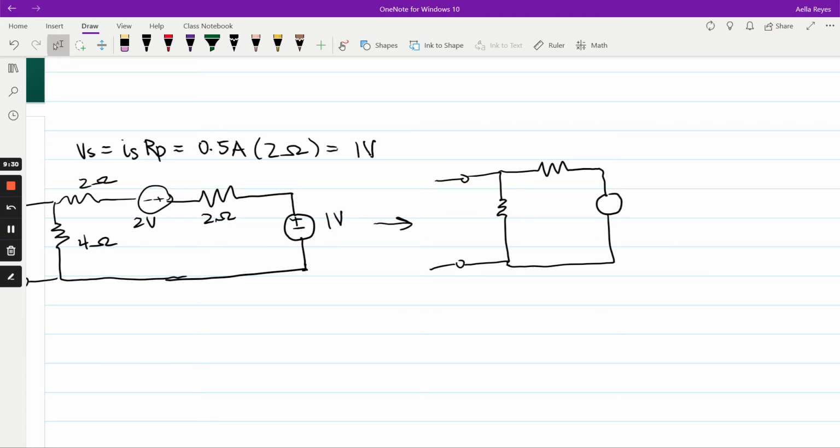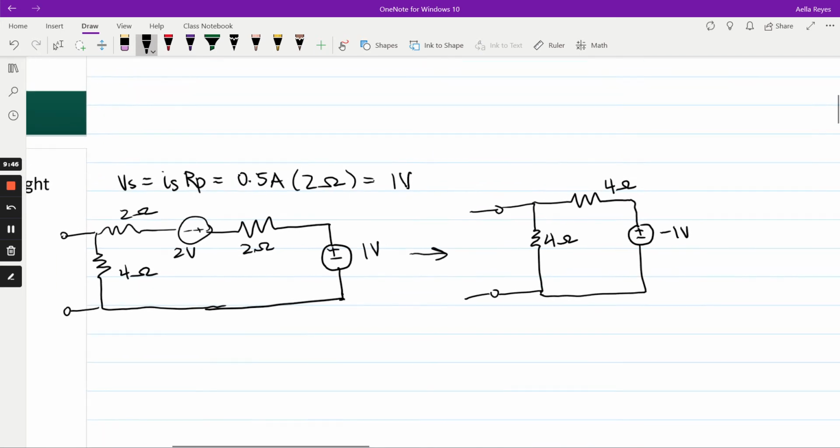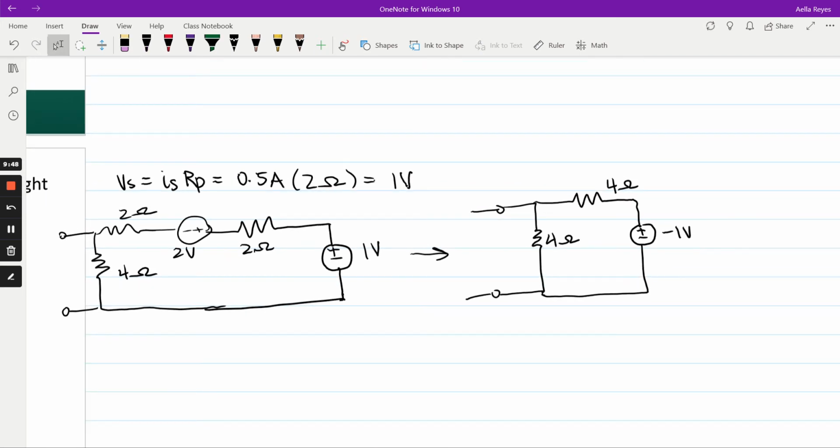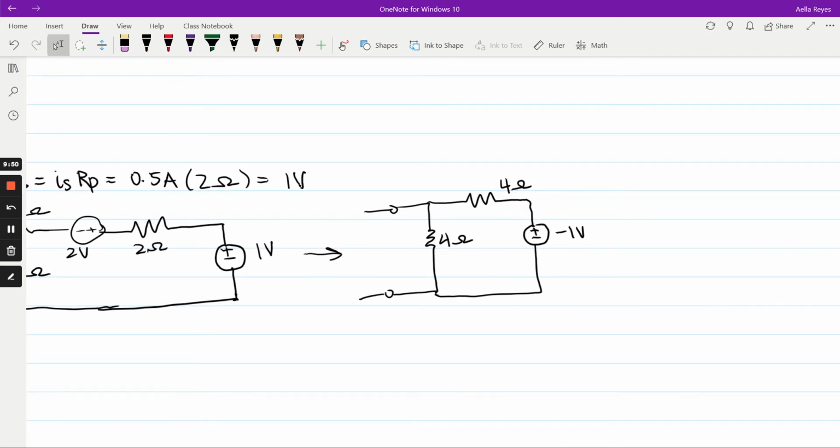So this is going to be -1 volt. Oops, this is going to be 4 amps, and this is still 4 amps. So just a quick reminder, these voltage sources look like this in series.